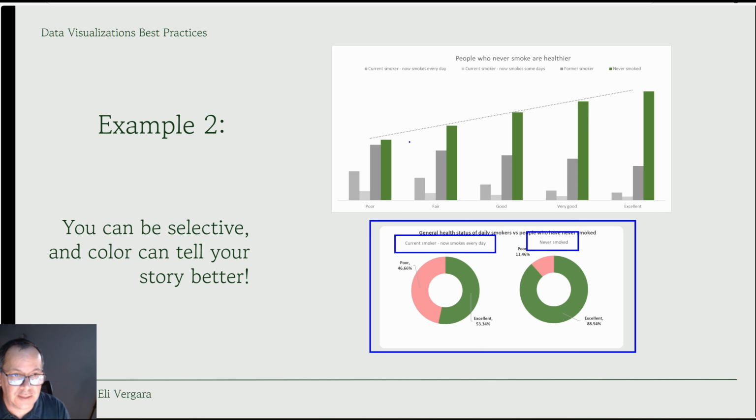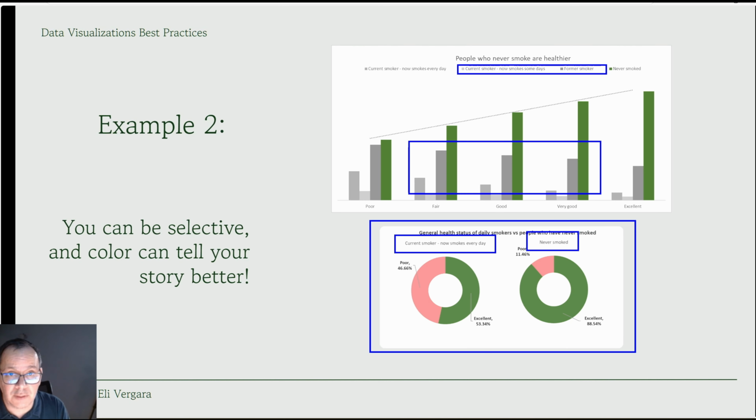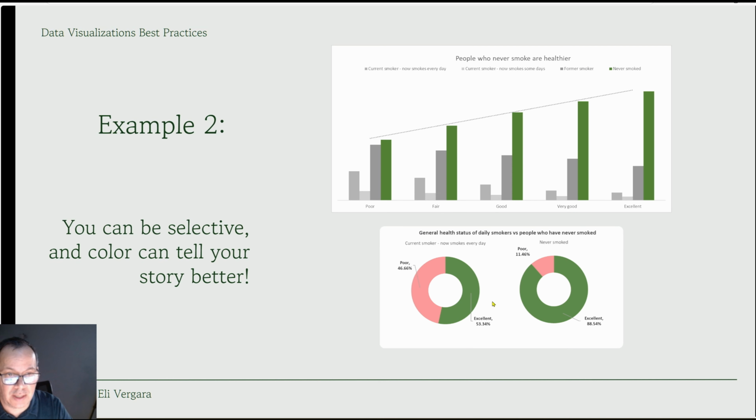So I will be effectively removing these categories right here, and I'll be effectively removing this right here, and then just compare this and this to this and this. By being selective, I can tell my story much better. I can actually focus on data issues or problems that I want to highlight.